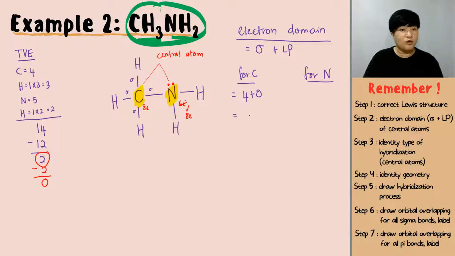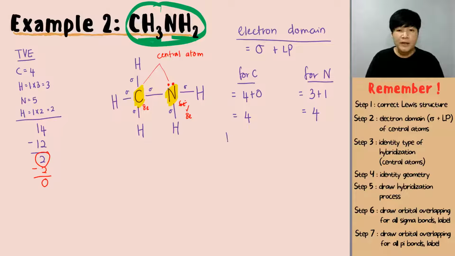So the electron domain for carbon in this molecule is 4. While for nitrogen, the sigma is only 3. We have 1, 2, 3. So 3 sigma plus 1 lone pair. Therefore, the electron domain for nitrogen is 4.